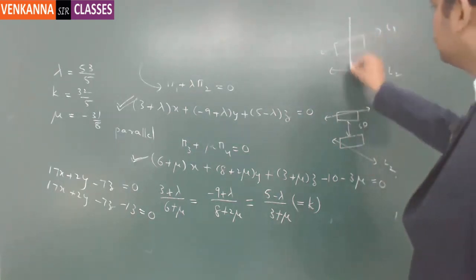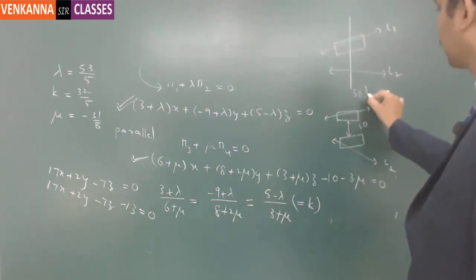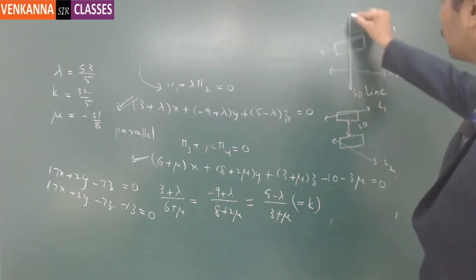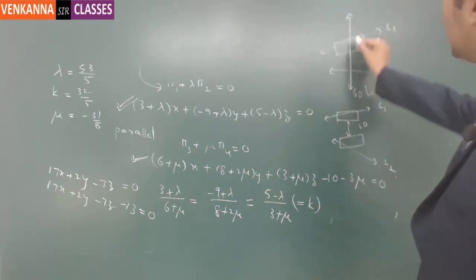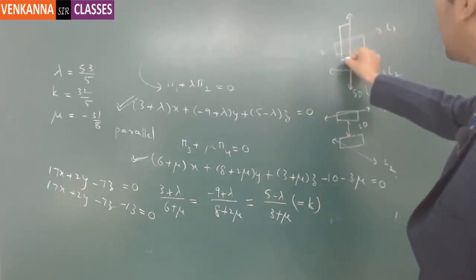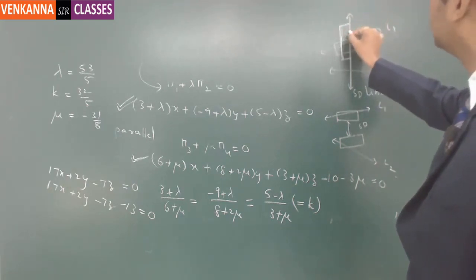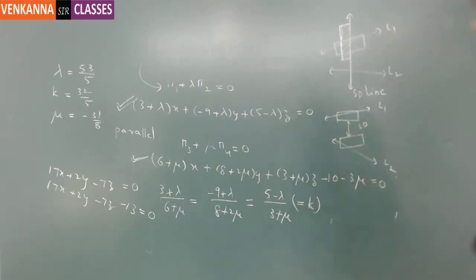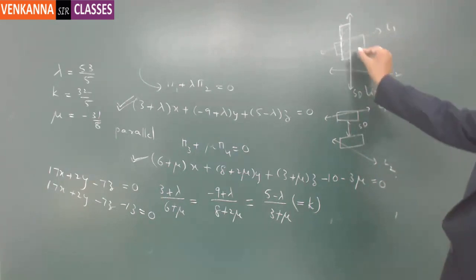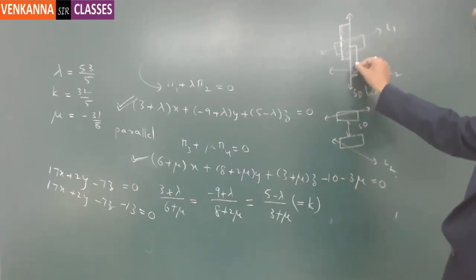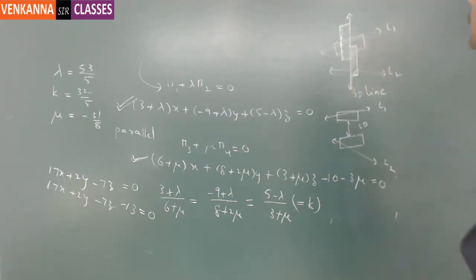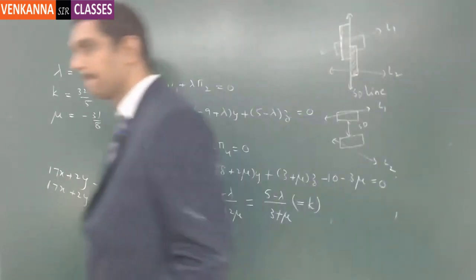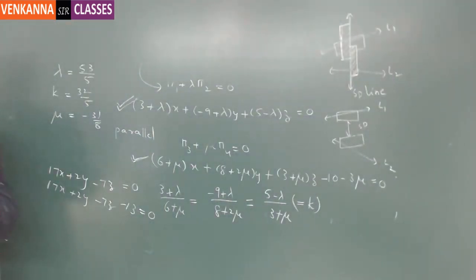Now this is the line of SD. So I calculate a plane passing through L1 and perpendicular to the plane which is already there. Again, I am calculating a plane passing through L2 and perpendicular to the previous one. So the intersection of these two is nothing but the line of SD. Fine. Is the visual comfortable to understand?